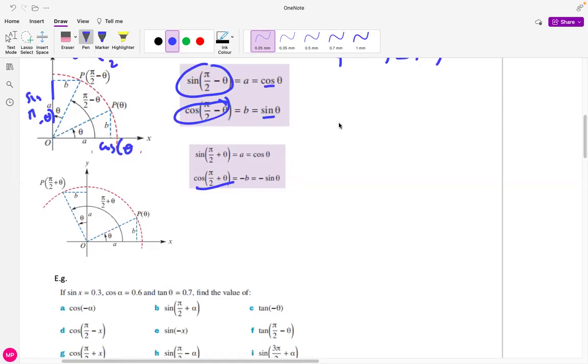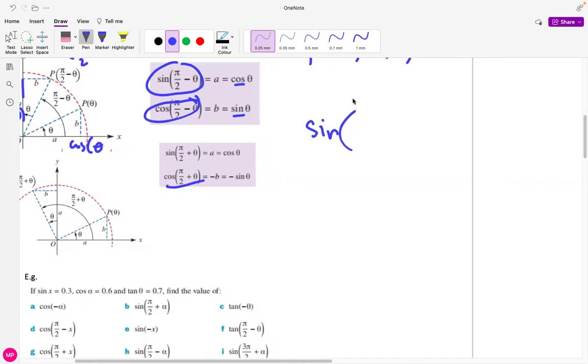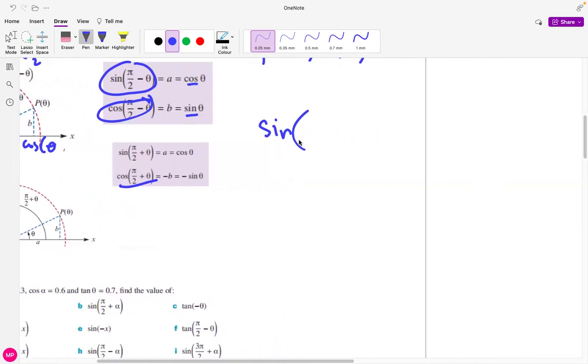So generally speaking, if you can remember this, it is a strategy to work it out without actually memorizing all of this. So sin of one angle, whatever the angle here, will be plus or minus cos of the original angle.